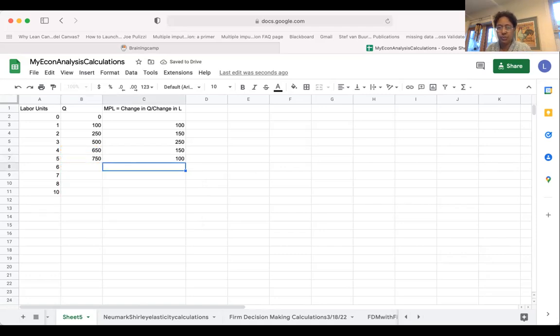For continued diminishing returns, I'm going to decrease it again, but instead of decreasing by 50, I'm going to decrease it by 75. So let's do that. And so here we go again, adding 25 to my previous amount of 750.